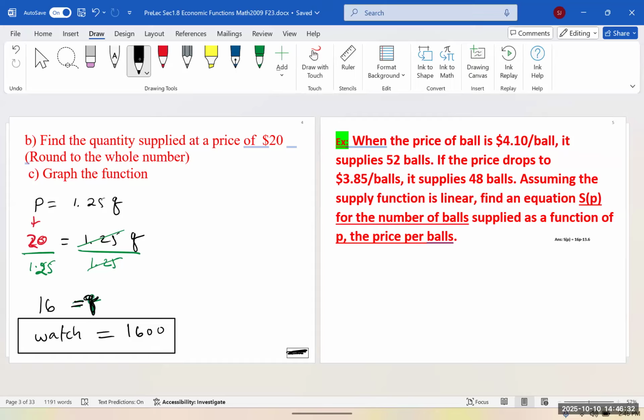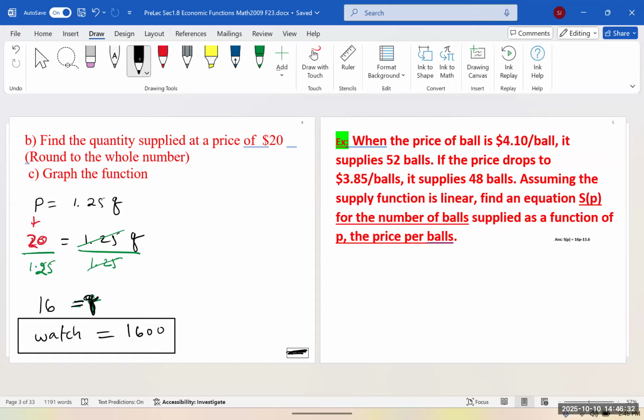Slope formula. So what's the slope formula? y2 minus y1 over x2 minus x1. Here P represents price. So price is independent, so price is x.